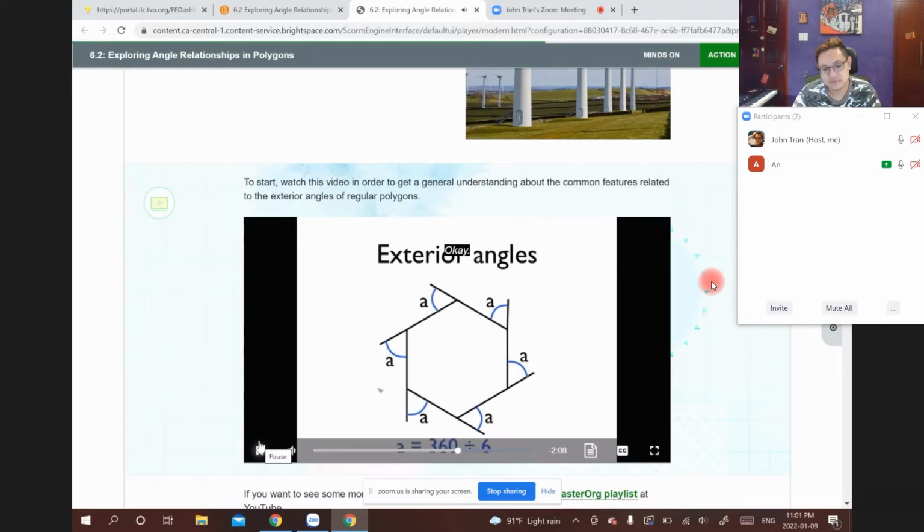If we know that all of those angles add up to 360 degrees, there are 6 of them, and they're all the same size, we can really easily calculate what those exterior angles must be by just doing 360 divided by 6. Why am I dividing by 6?